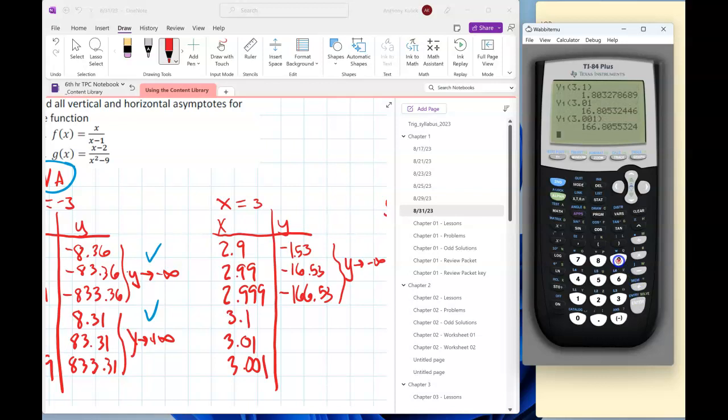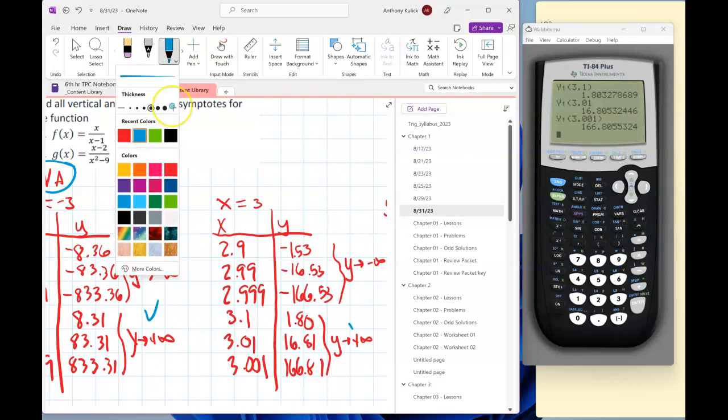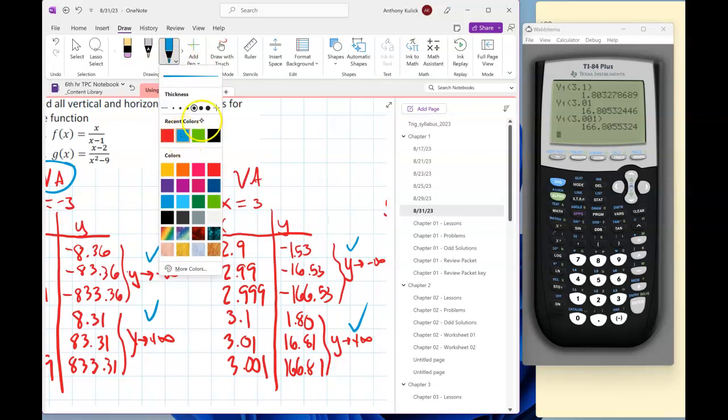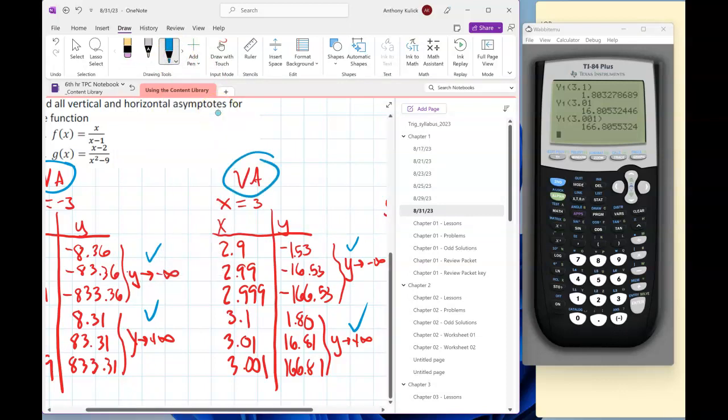So I have 1.80, 16.81, and then 166.81. Again, we're going to +infinity. I take those two, and that tells me that what I have here is a vertical asymptote.